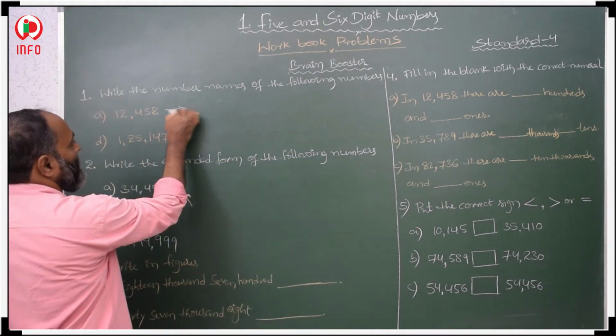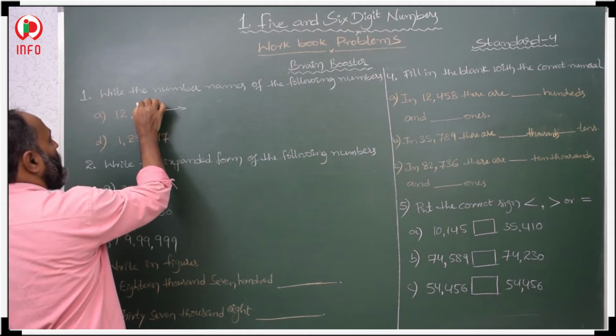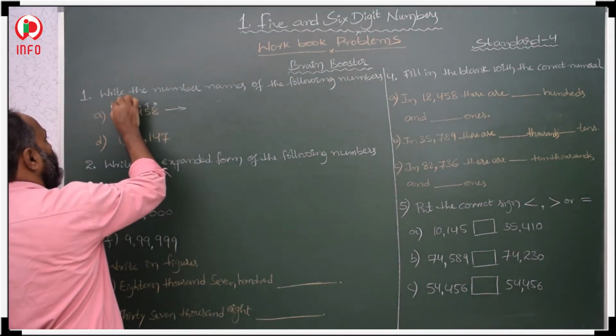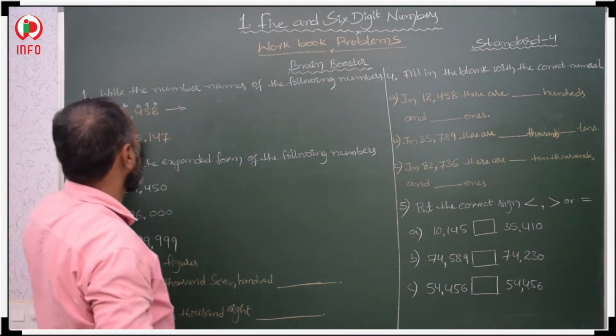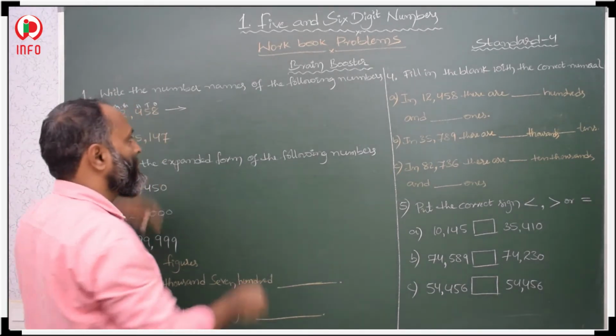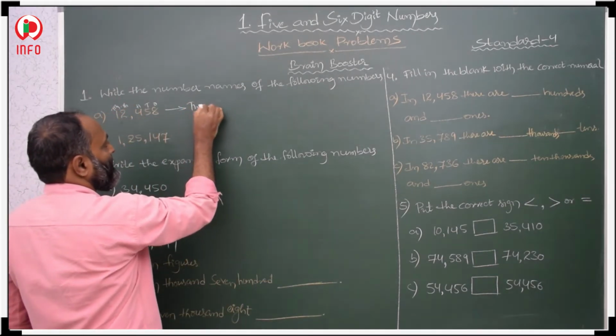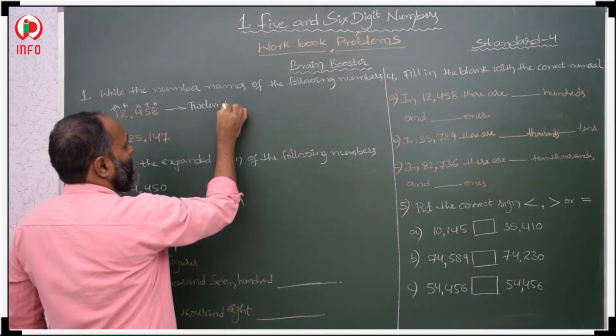Here, this is ones, tens, 100, 1000, 10,000. The number is 12,458.